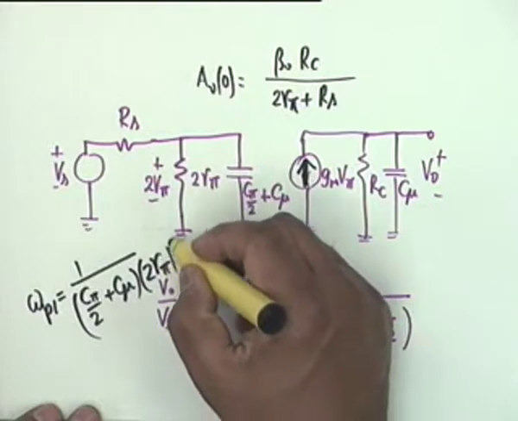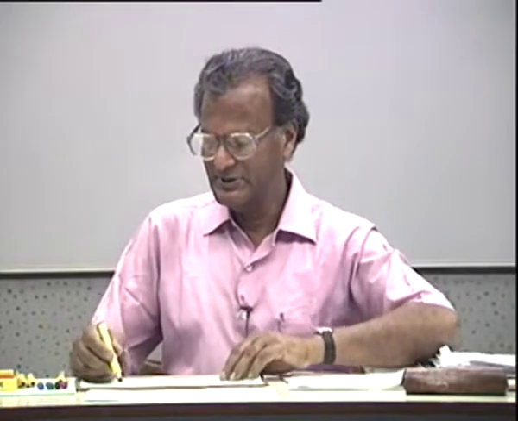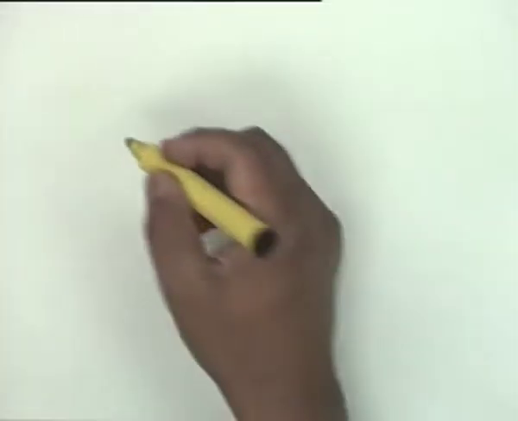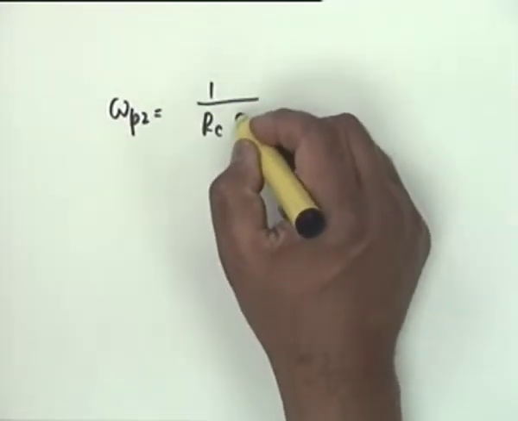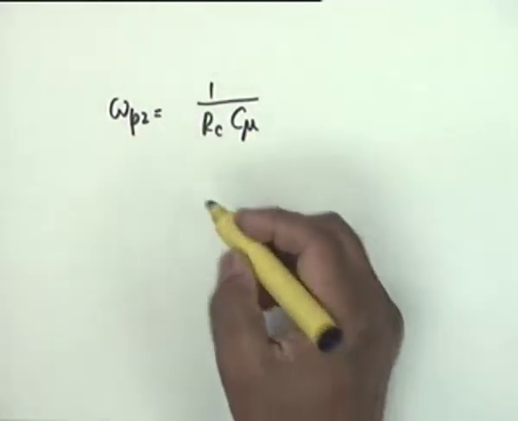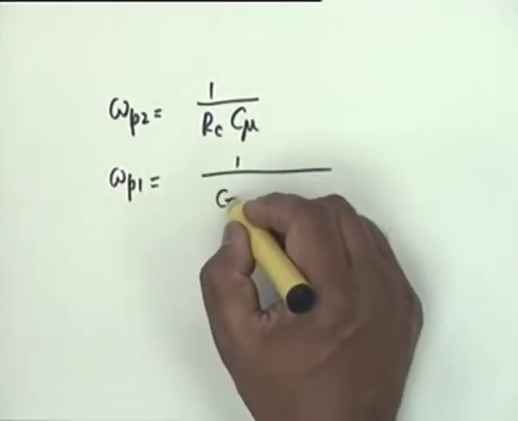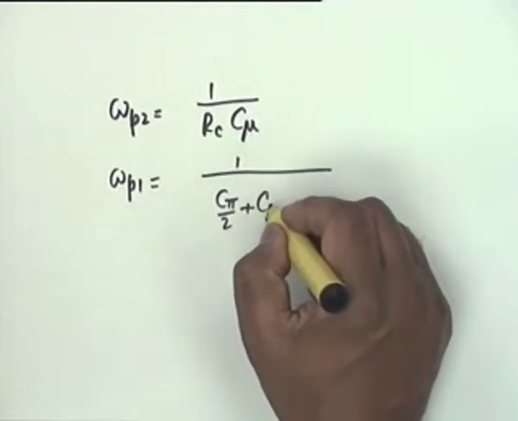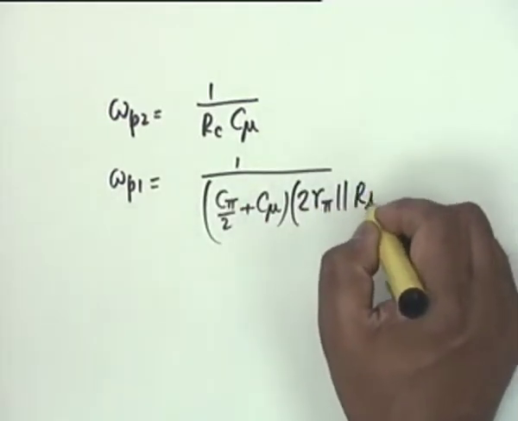So 2 R pi parallel Rs, and omega P2 is simply the reciprocal of this time constant. That means omega P2 is equal to 1 over RC C mu. Agreed? Let me write down omega P1 also: 1 over C pi by 2 plus C mu, times 2 R pi parallel Rs.